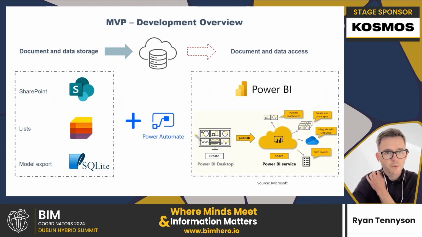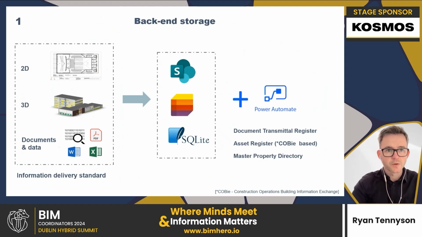And just to look at it in a bit more detail, for the back-end storage we took some sample 2D information, the 3D models, the handover documentation, structured that, and then, as I said, started to map that through into a Power Automate sequence, which would end up in the dashboard.